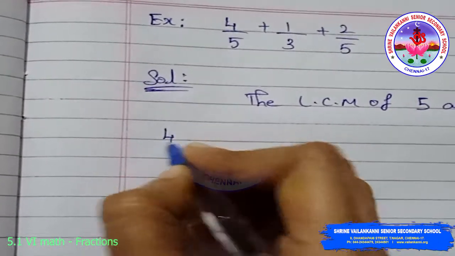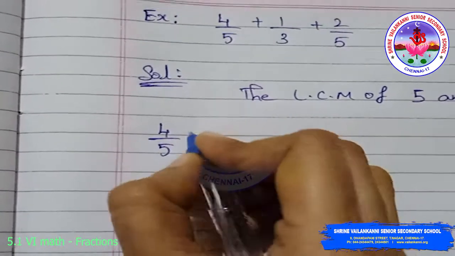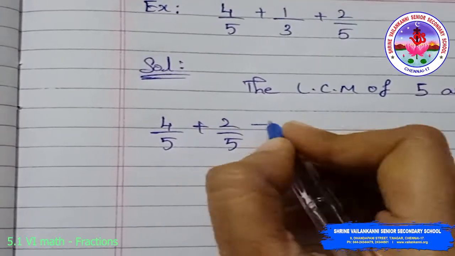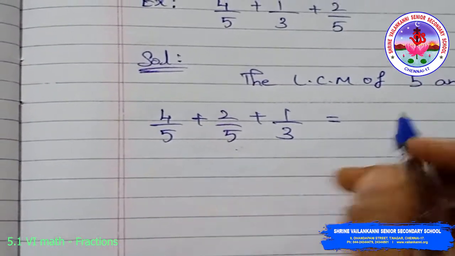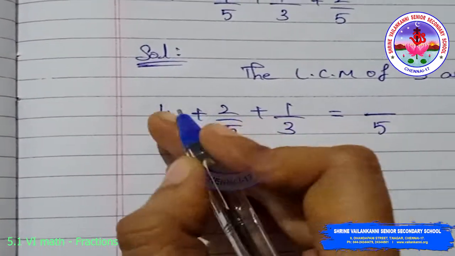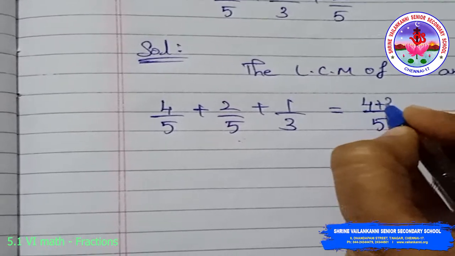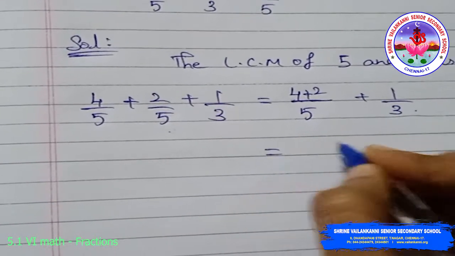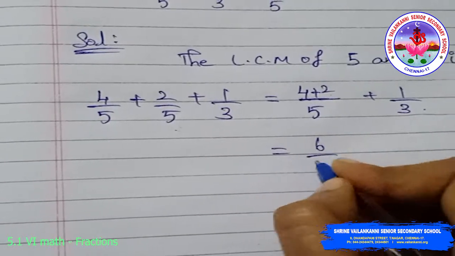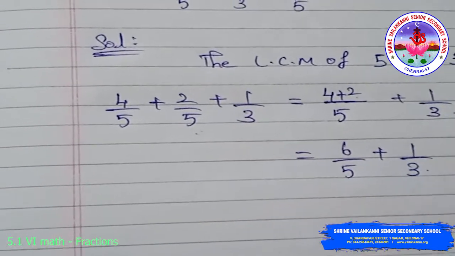First write down the question. 4 by 5 plus 2 by 5 plus 1 by 3. Here the denominators are the same, so 4 plus 2 by 5, plus 1 by 3 is equal to 6 by 5 plus 1 by 3.